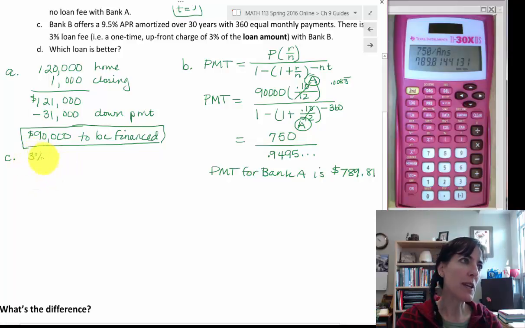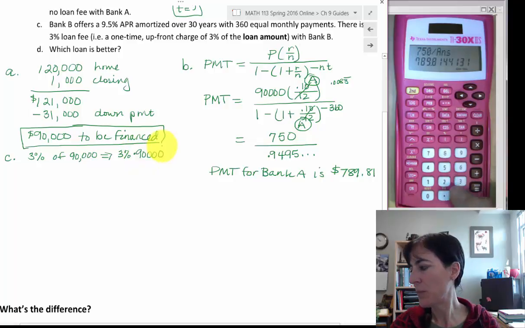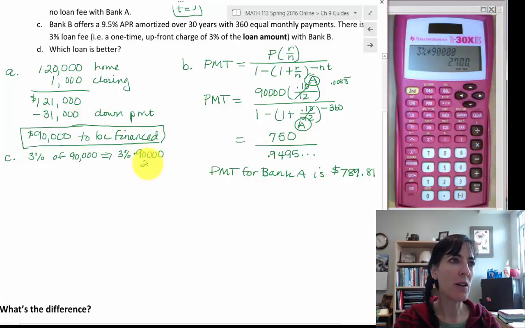So 3% of $90,000 means, remember, we can use 3% times 90,000. That equals $2,700.